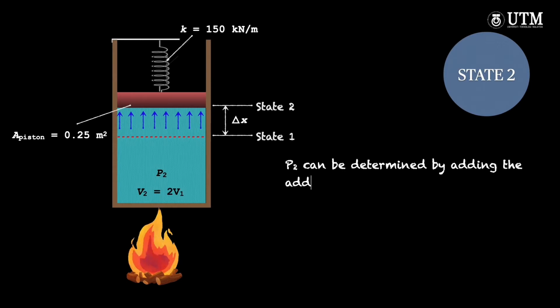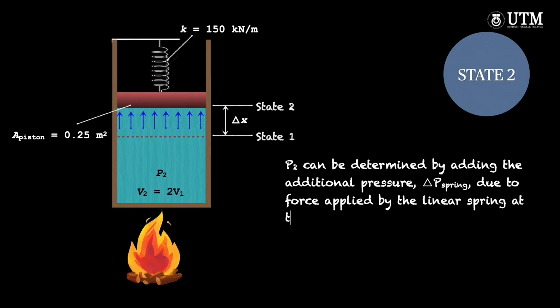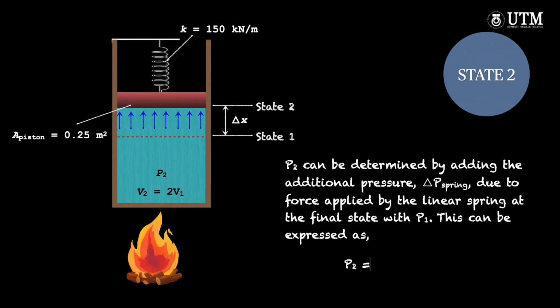The gas pressure at state 2 can be determined by summing up the additional pressure due to the force applied by the linear spring at the final state and the initial gas pressure.